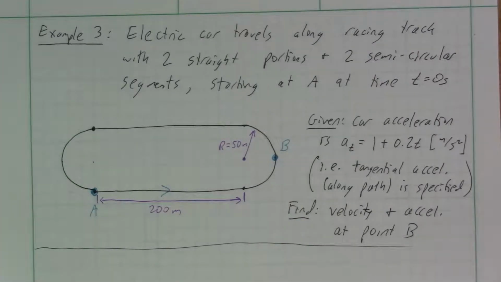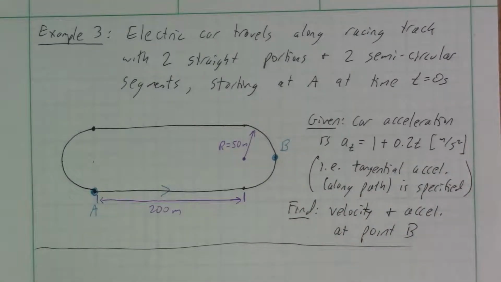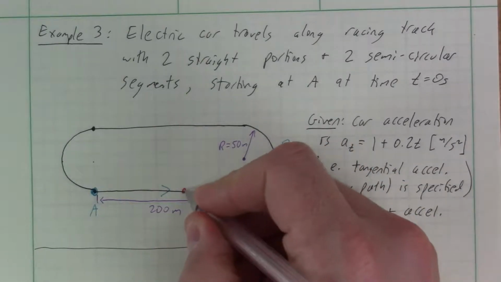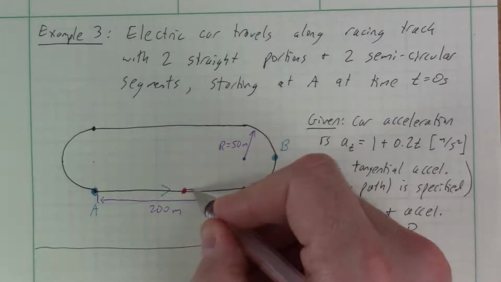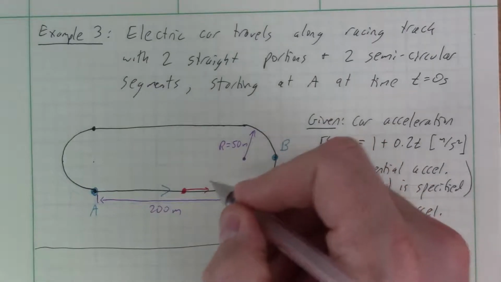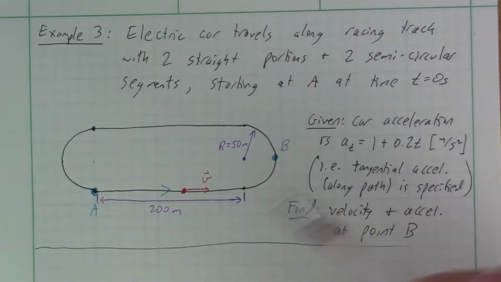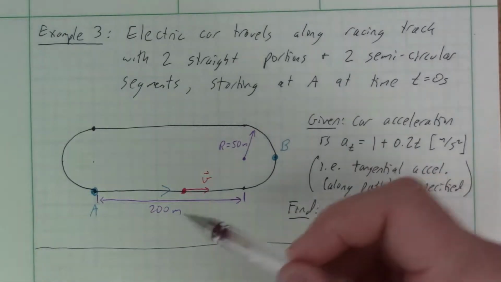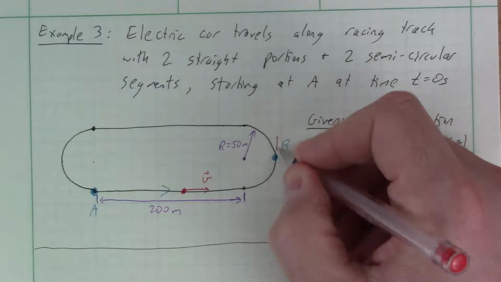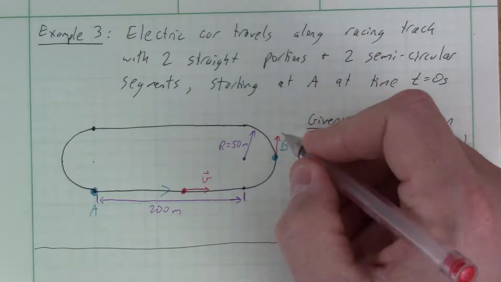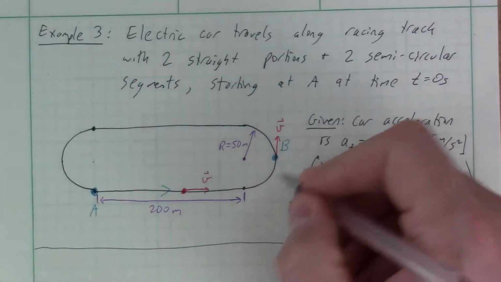So, we know the velocity. Well, let's go to an arbitrary point like here, right? We know the velocity anywhere on this stretch is just going to be right along that stretch, and we're specifying the acceleration along that direction perfectly. And the velocity here is going to be tangent, and somewhere along the way would be tangent as well.